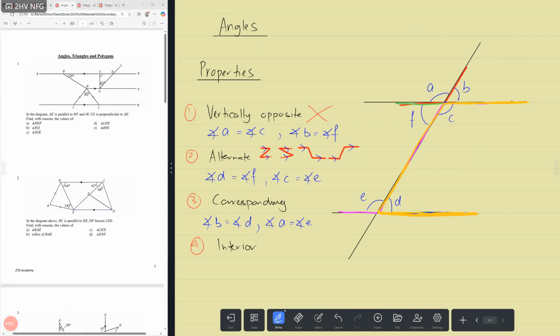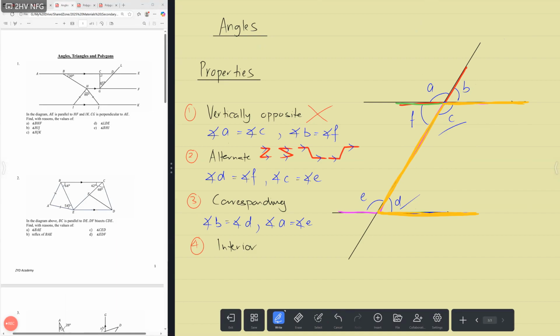What is inside these two yellow lines, this open polygon shape, is angle C and angle D.